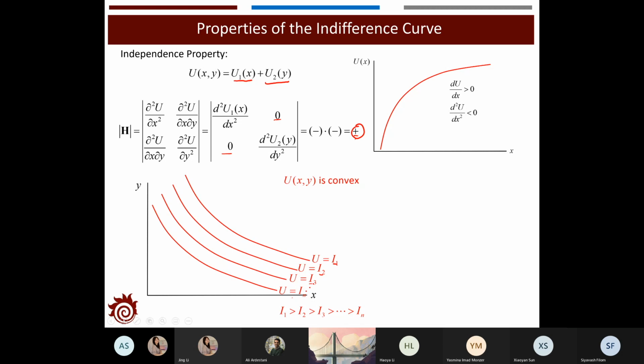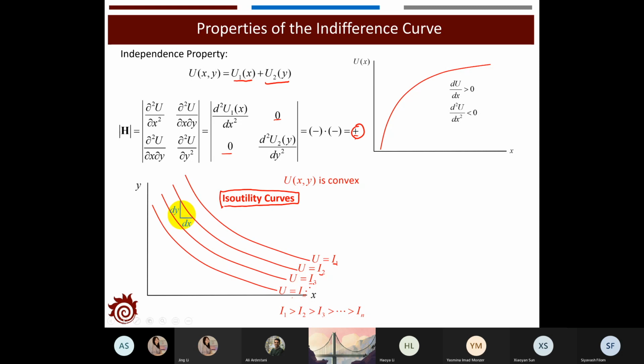This is the feature of the utility function's indifference curve. We call all these curves together the iso-utility curve, and we will use this a lot in transport systems to find the optimal solutions of the flow.